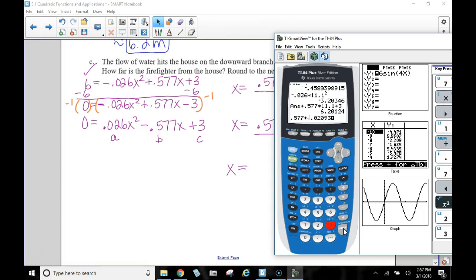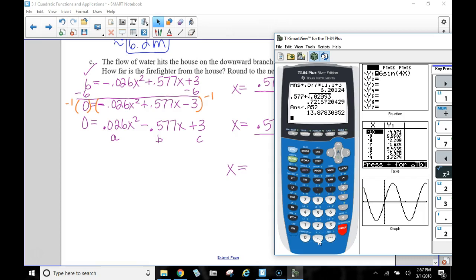All right, that is equal to that. Then I need to divide it by the denominator of 0.052. So we get 13.87. And then I think that's going to be our answer.